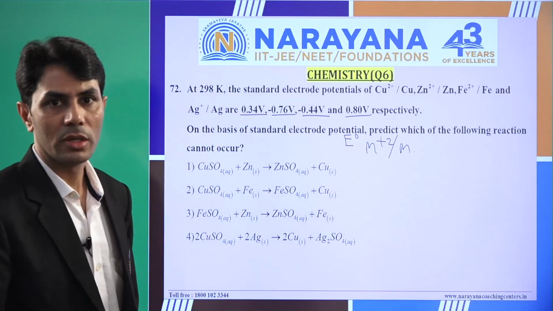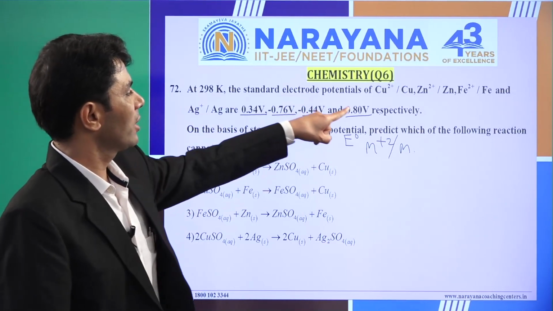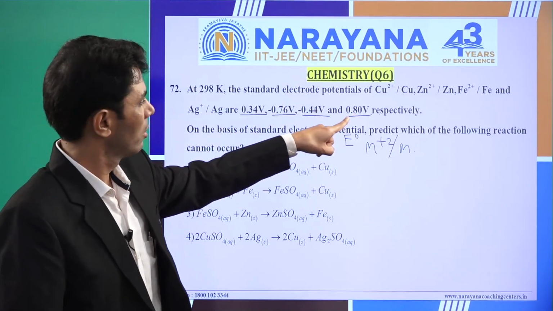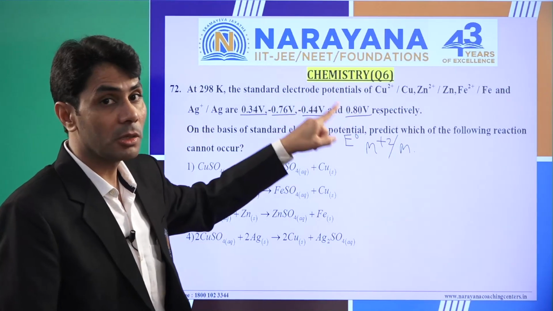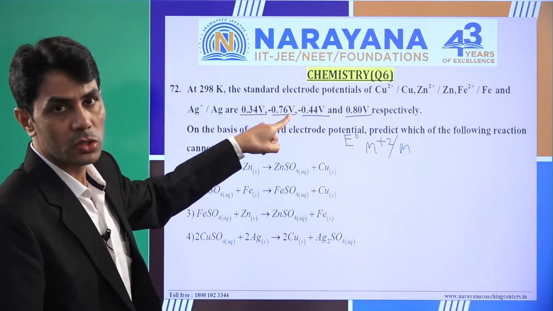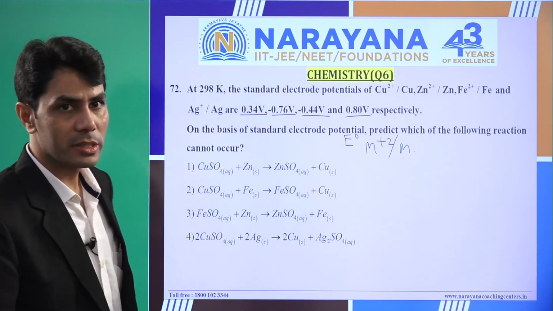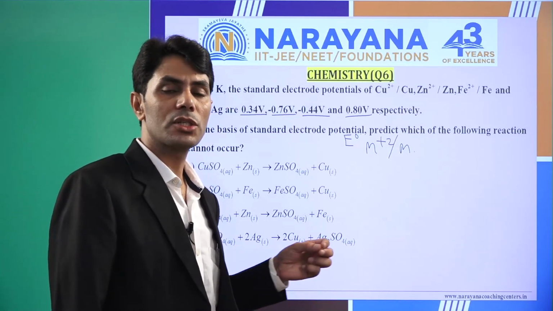SRP values are given. By observing the SRP values, we can say the maximum SRP value is with silver, positive 0.8 volt, and the minimum SRP value is minus 0.76 volt. Higher reduction potential means oxidizer, which means least reactive.